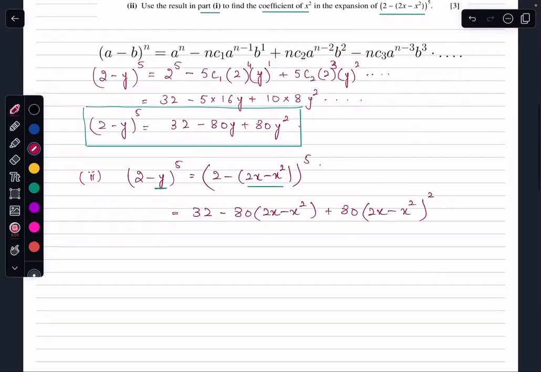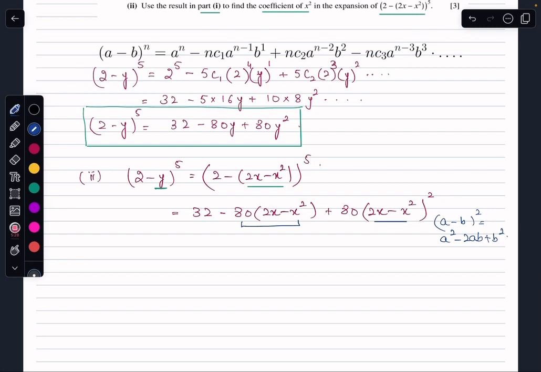To get the coefficient of x squared, I can see here that it's only if I multiply this 80 by x squared, negative 80 by negative x squared, and then do the expansion of a minus b the whole squared, for which I know that it is a squared minus 2ab plus b squared.